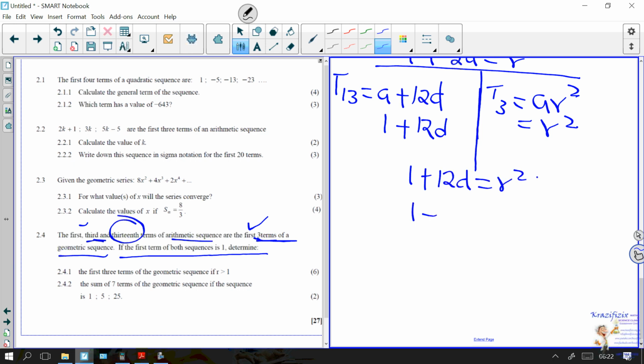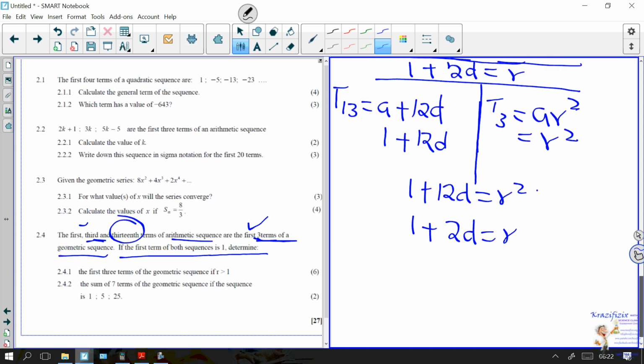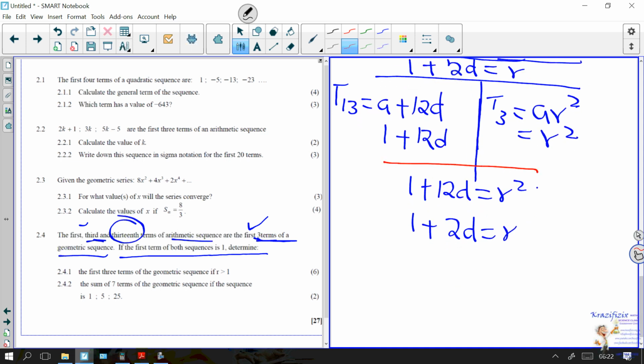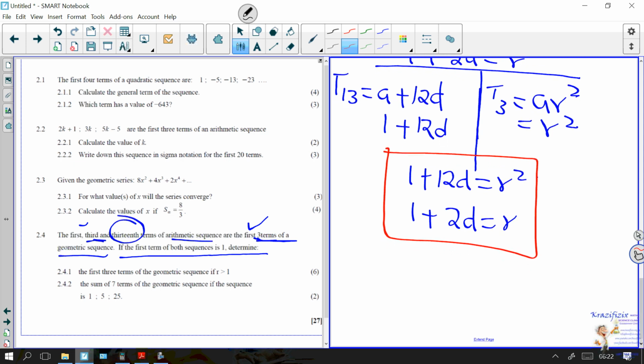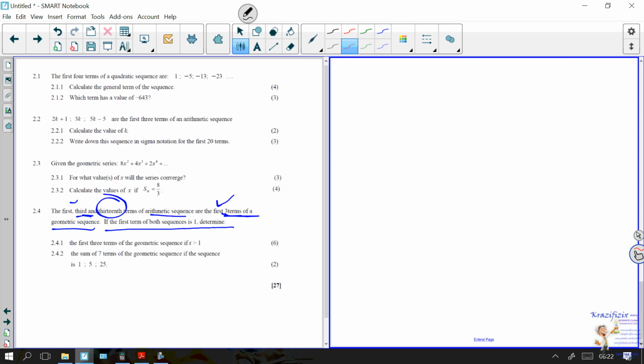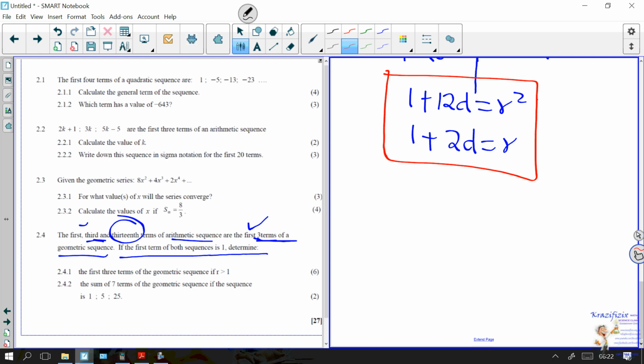The other one was 1 plus 2d equals r. So we have our two equations. What are we looking for? Calculate the first three terms of the geometric sequence. So basically, I need to get what my r is. Either you look for r first or you look for d here. We don't have preference. You need to work with what works for you.